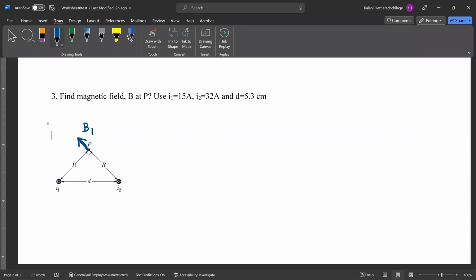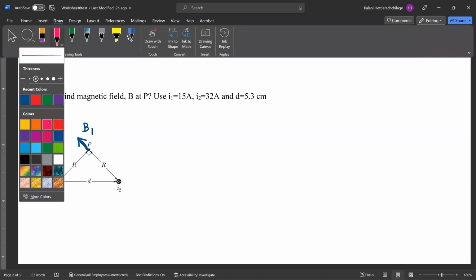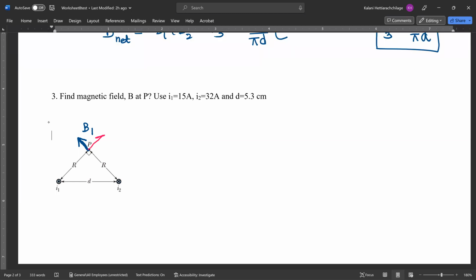And now I have the current carrying wire on the right side, inward direction, that will create the magnetic field on this direction at point of interest, B2, right? And in addition to that, you know that in geometry, since these two are equal, since this is 90 degrees, this will be 45 degrees.